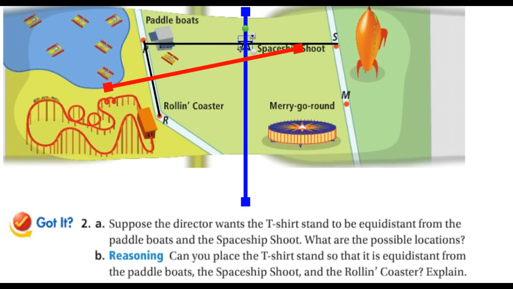Well, come on out. Here we go. So anywhere on the blue line you're equidistant from P and S. Anywhere on the red line you're equidistant between P and R. So the intersection right there of the red and the blue line, the distance from S to the star, P to the star, and R to the star are all three the same.